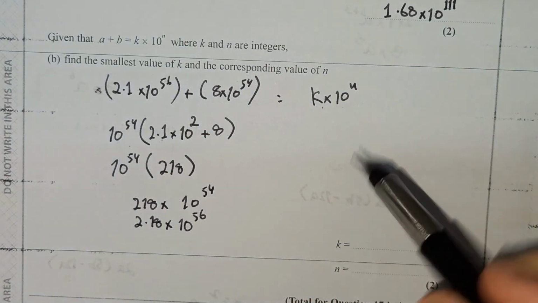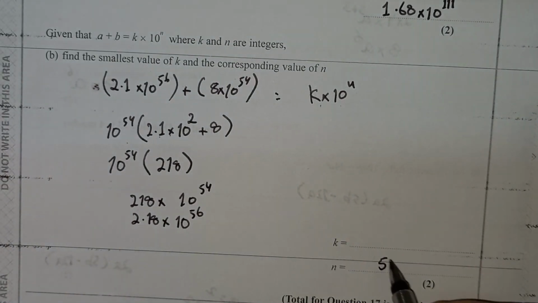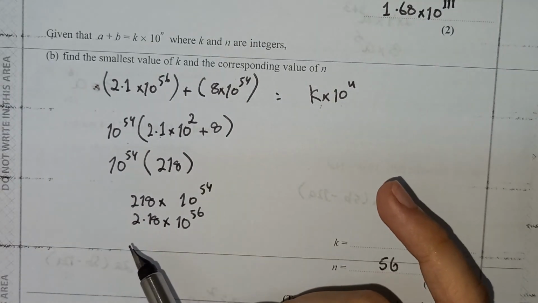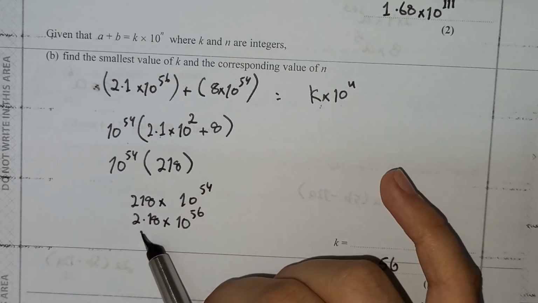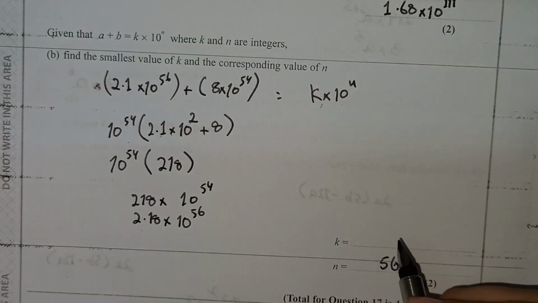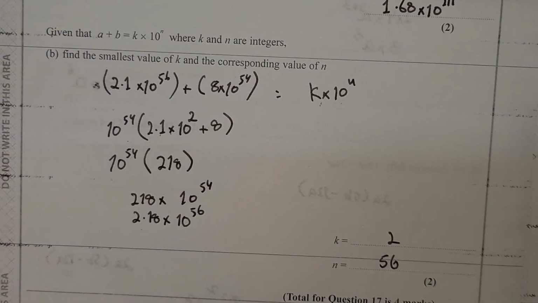So n we can see is 56, while for the smallest value of k, it has to be an integer. So we'll just write it as 2, I think. Yeah, we'll just write it as 2. So we are done with question number 17 as well.